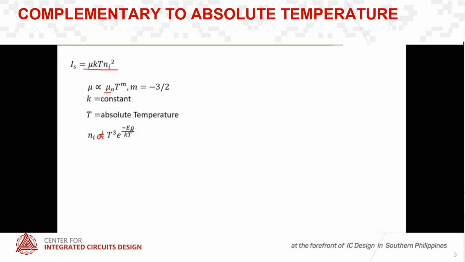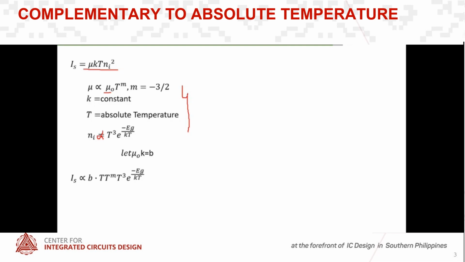So for Is, with these values, we can let mu sub o times k equal b, since mu sub o and k are constants, so we can compress them into one term, b.